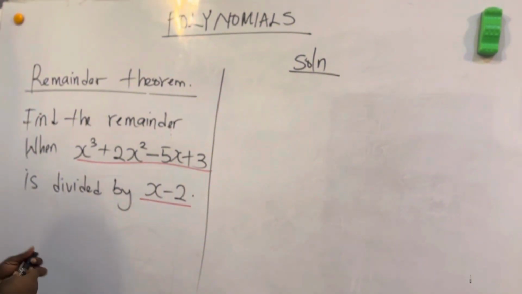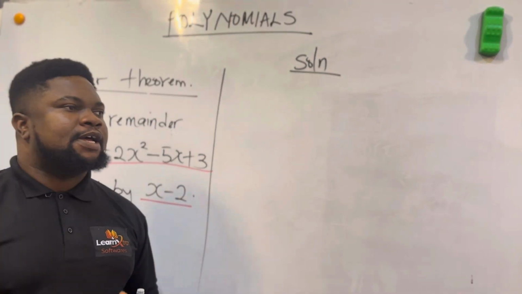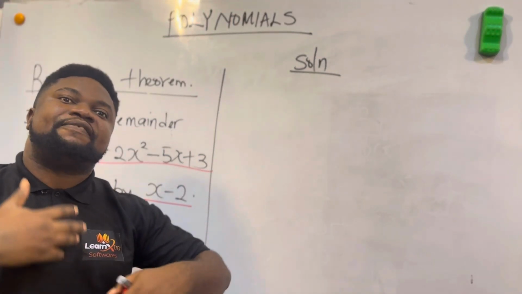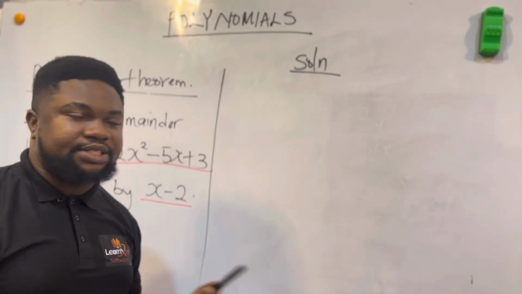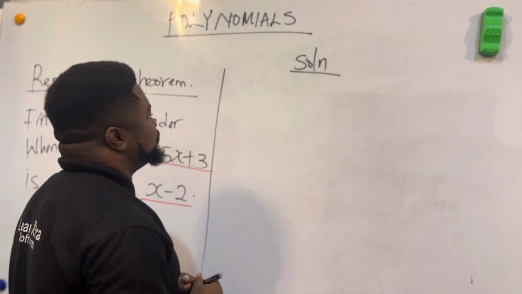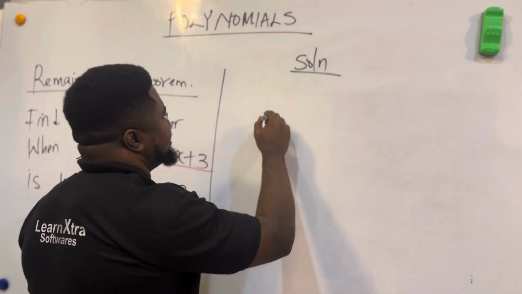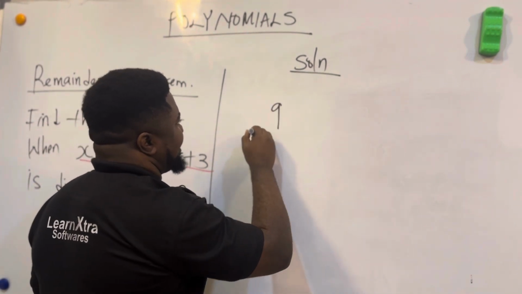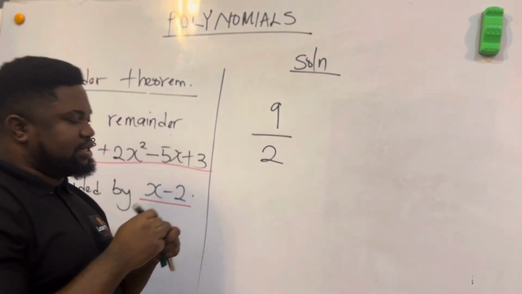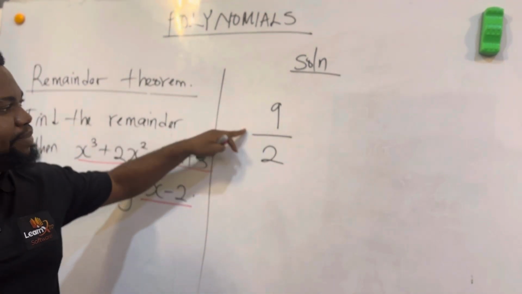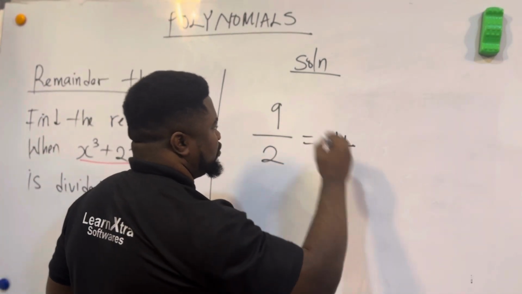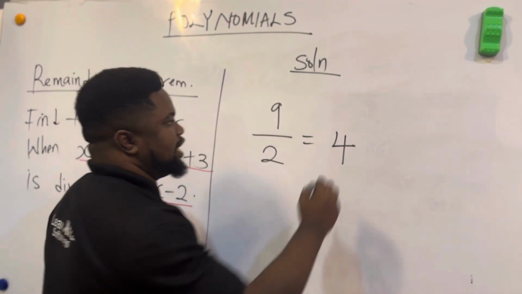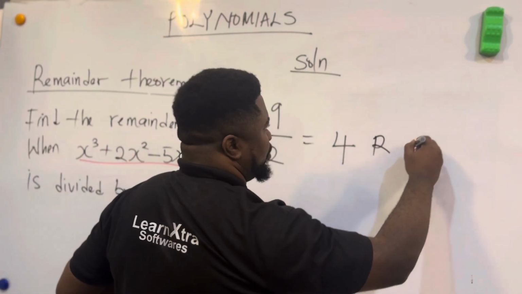Before we solve this, let's reflect on fractions. Some of us will know fractions, yes. For instance, I can ask you what is 9 divided by 2. 9 by 2 is going to give us 4, then a remainder of 1.